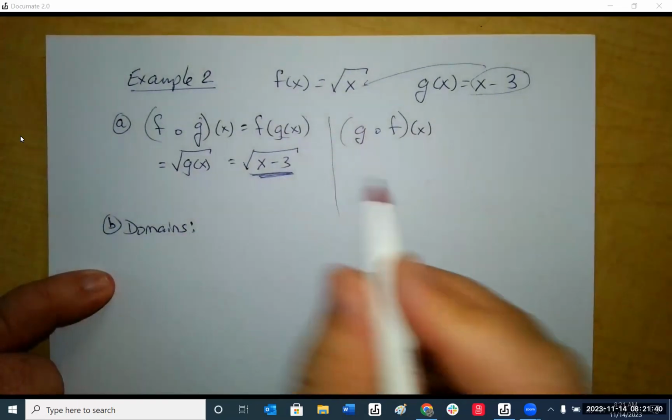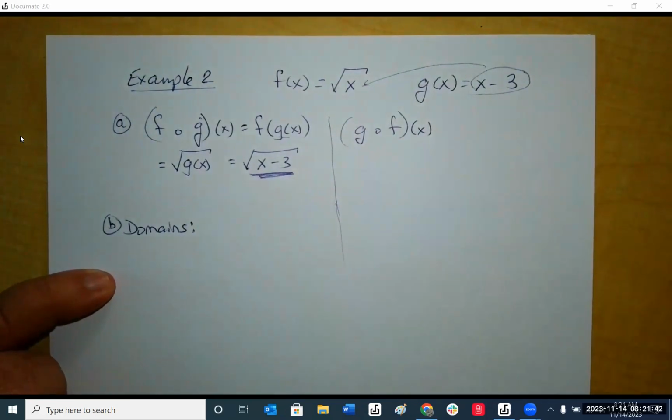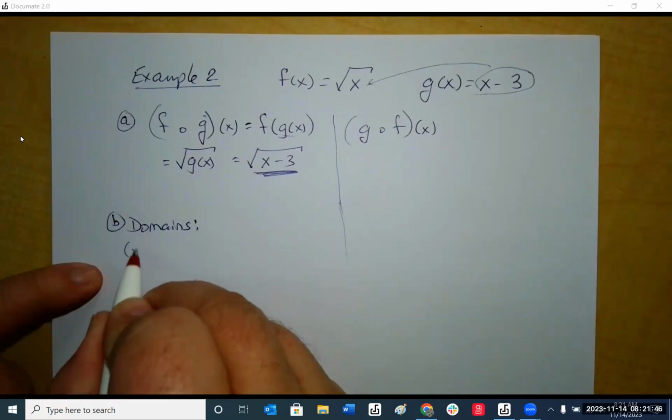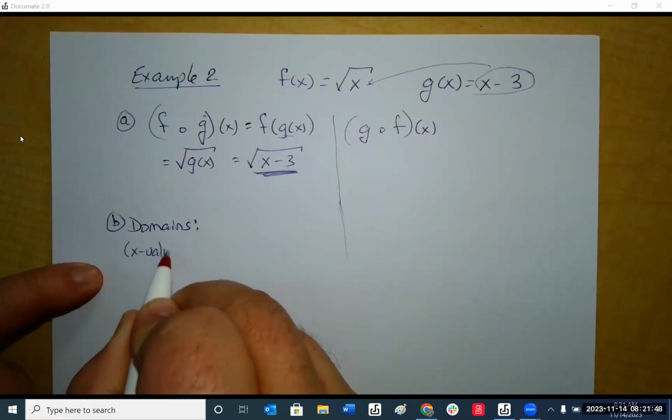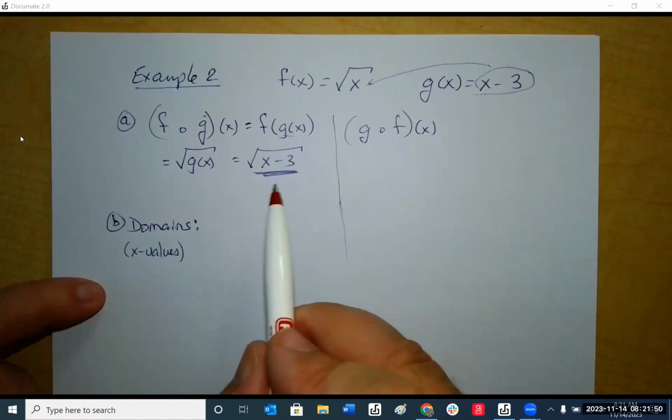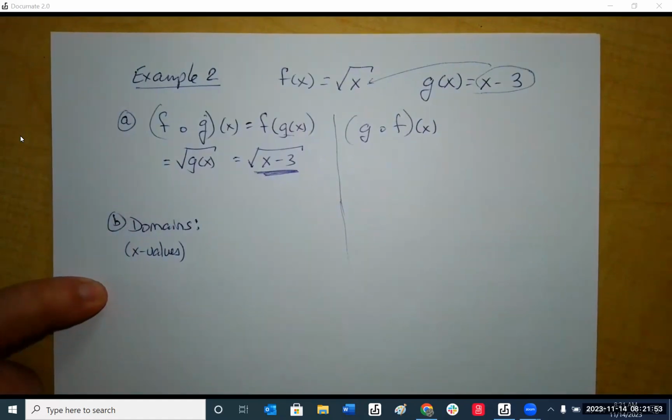So what's the domain of this function? Domain, remember, deals with the x values. Are there any limitations I could put on the x's?